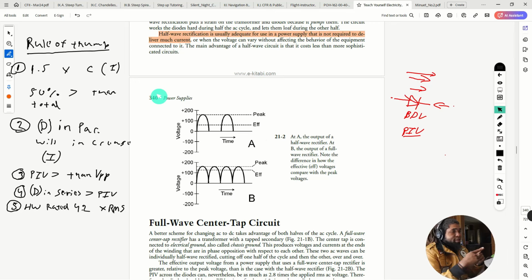The bias for a vacuum tube is voltage based. It's not current based, so it's not going to take very much current. So the half-wave rectifier is fine.